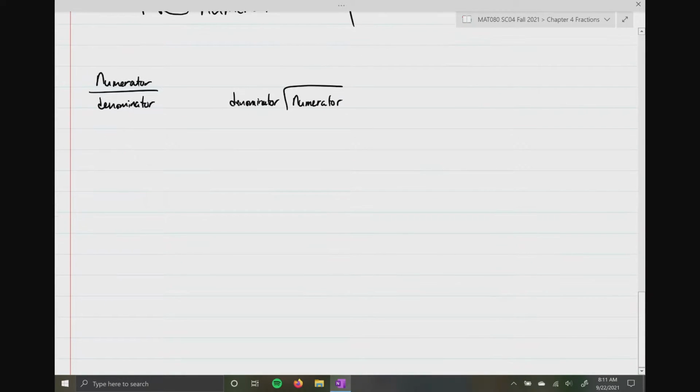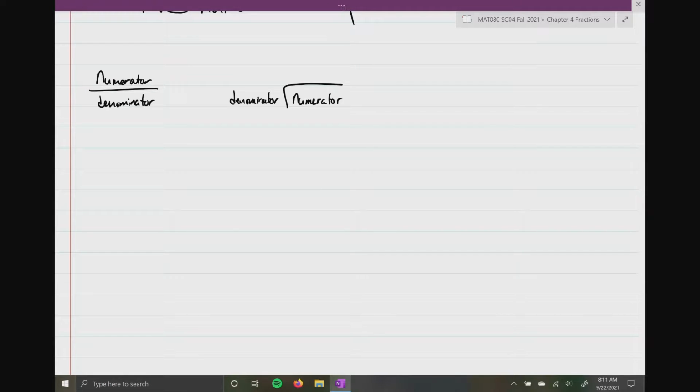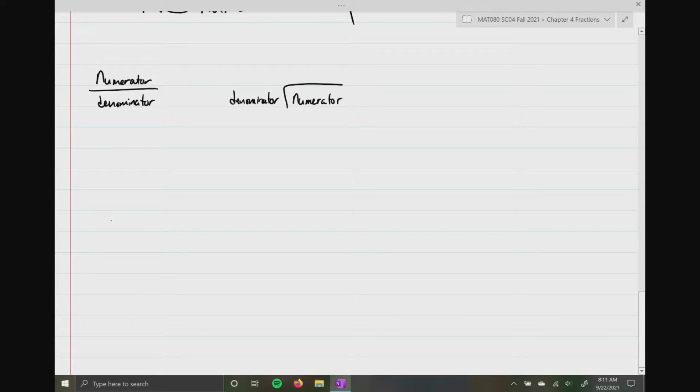So we're going to do 12 over, oh, sorry, wrong color. So let's convert 12/5 to a mixed fraction.